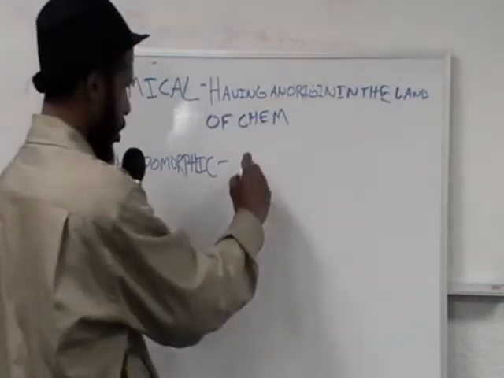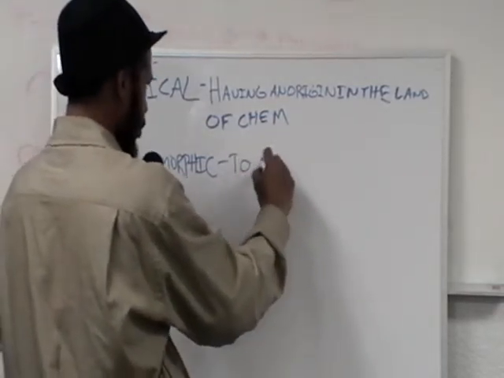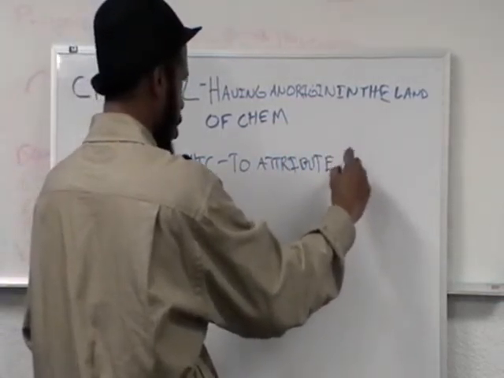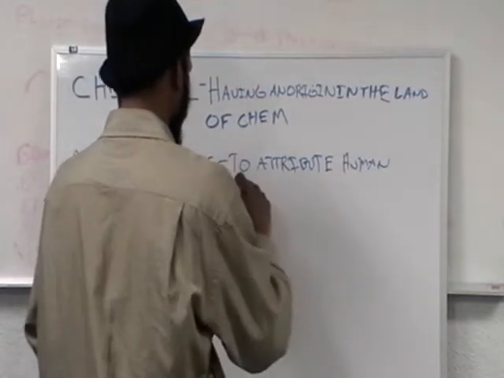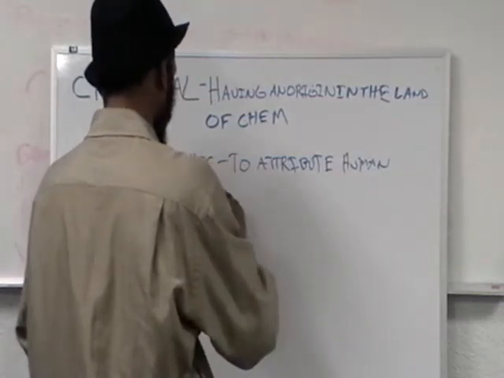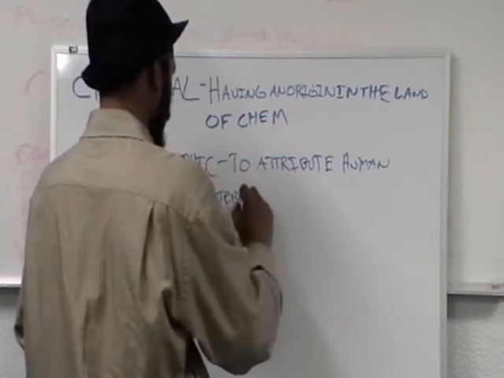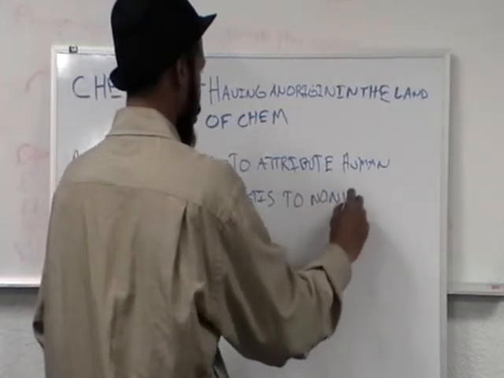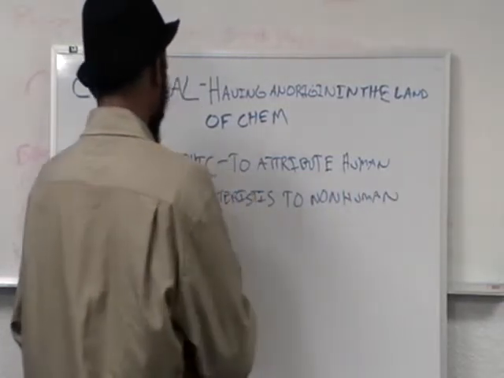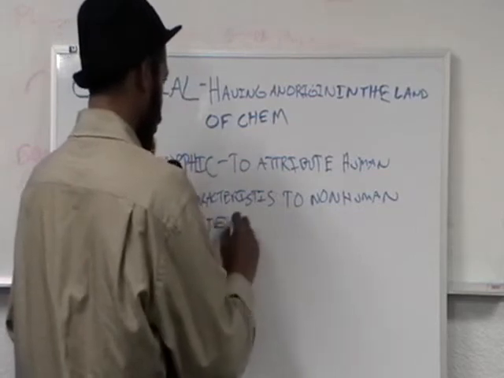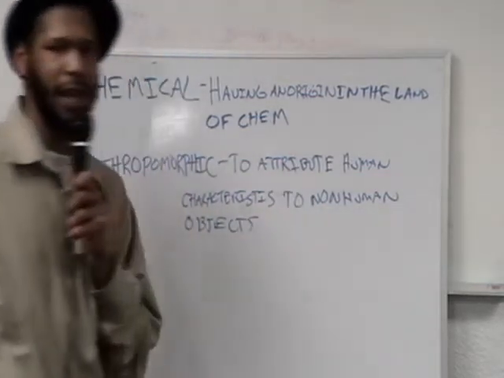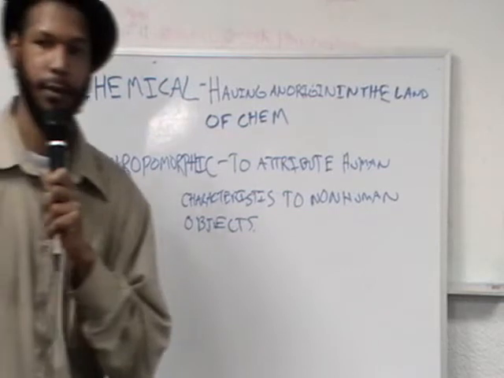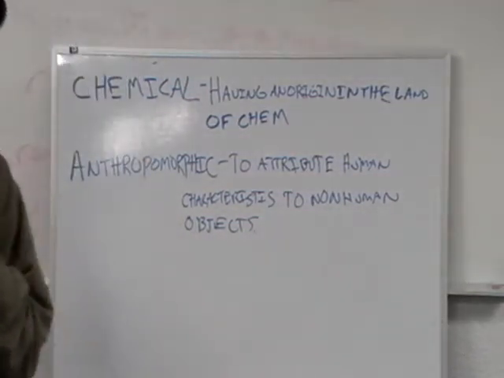This big word means to attribute human characteristics to non-human objects. The best example of an anthropomorphic figure in our culture is Bugs Bunny. He's not human, but he has human traits.